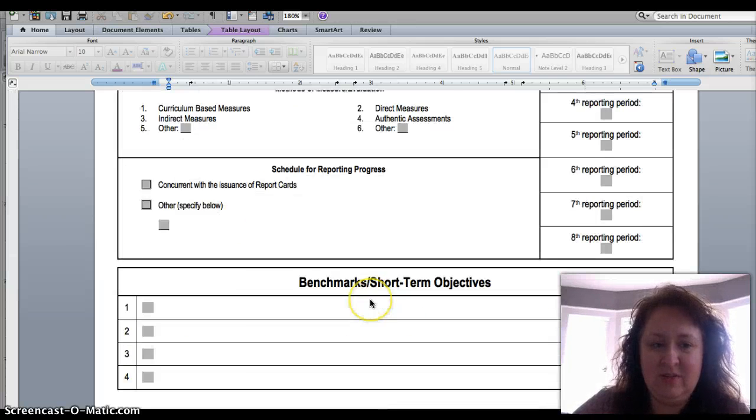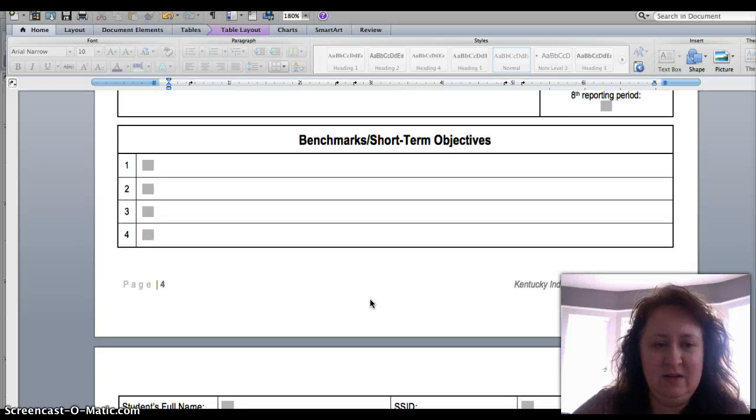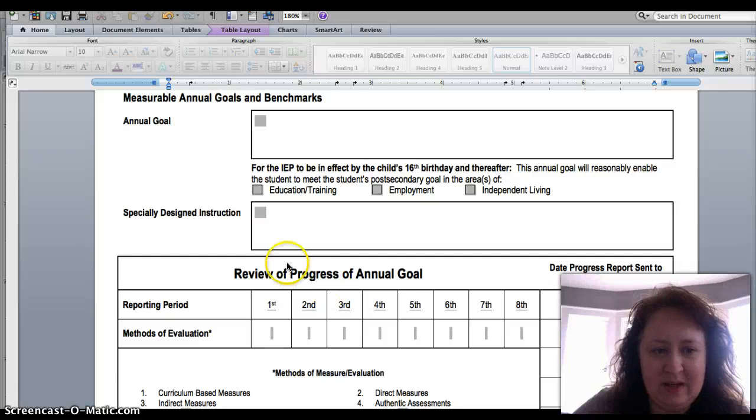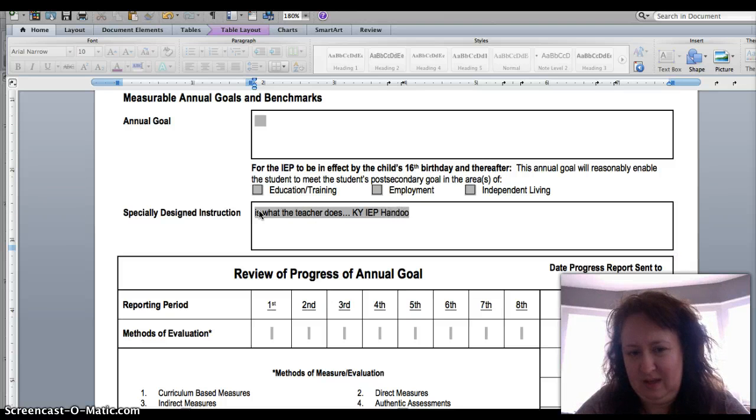The other video talks about goals and benchmarks, so I'm going to skip that section and I'm going to come right down here. Oops, sorry, I am going to scroll up for 1 second. Remember that specially designed instruction is what the teacher does, and the Kentucky IEP handbook has very good specific examples. So this could be direct instruction.